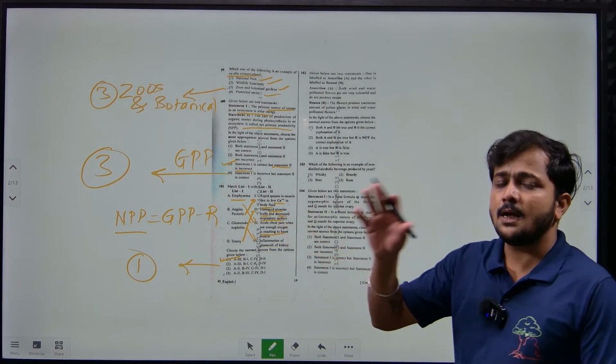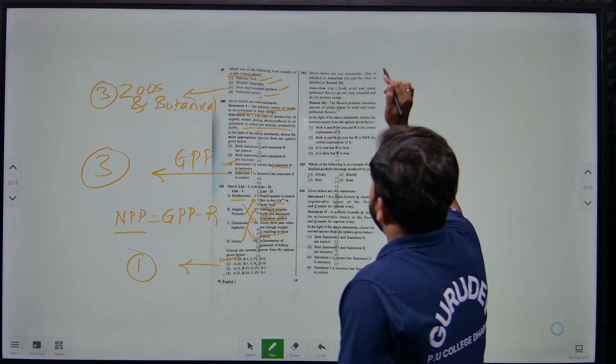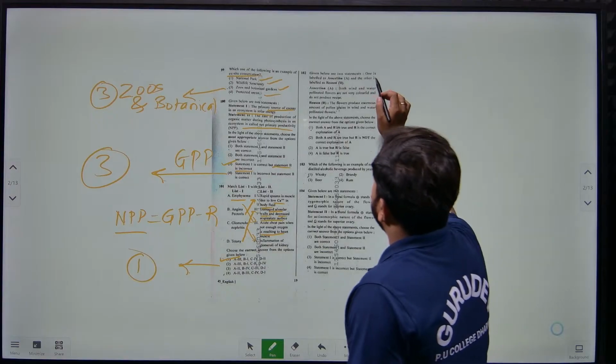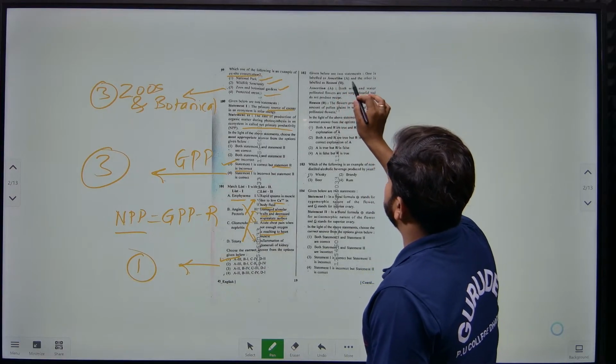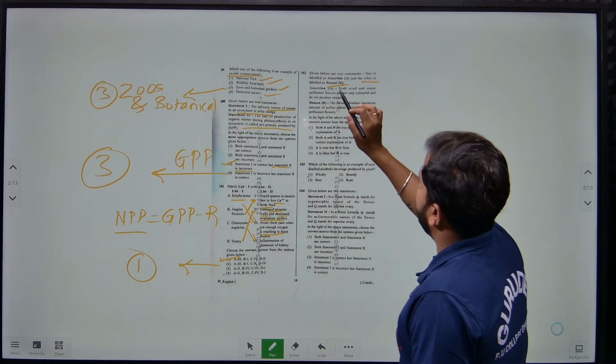So you can compare according to the particular questions and related options here, right? Then given below are the 2 statements. One is labeled as assertion, and the other is labeled as reason here.